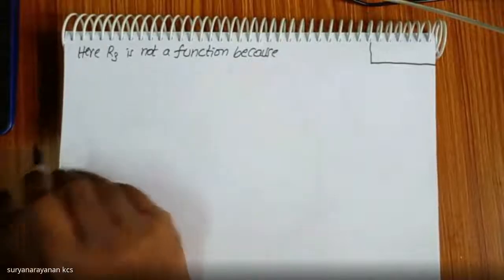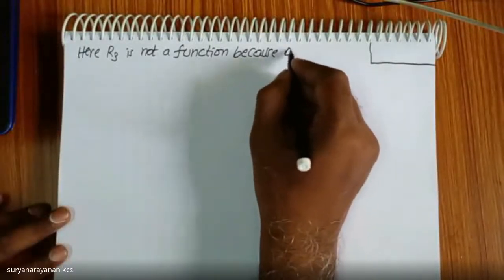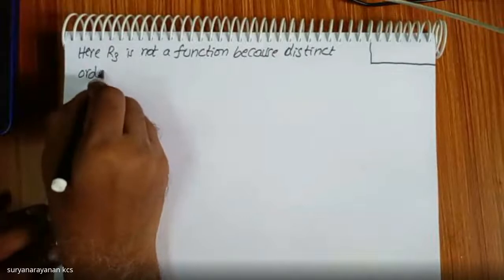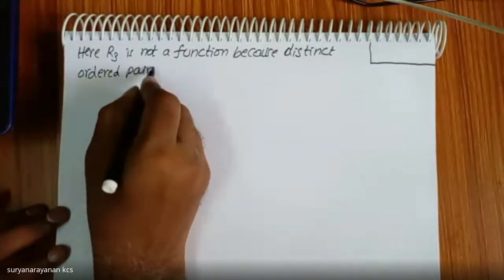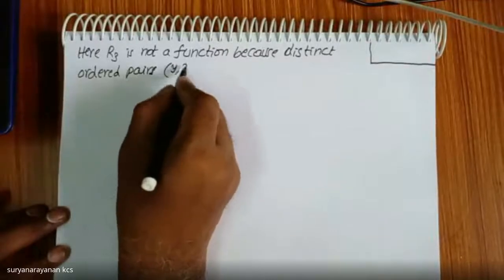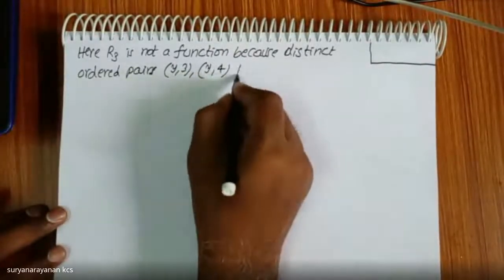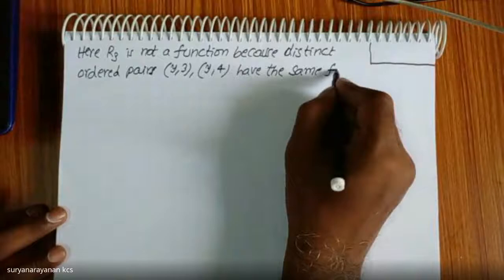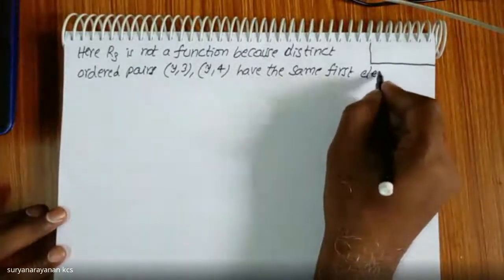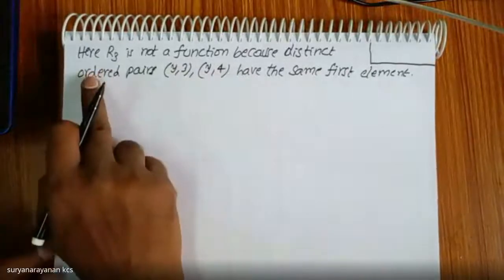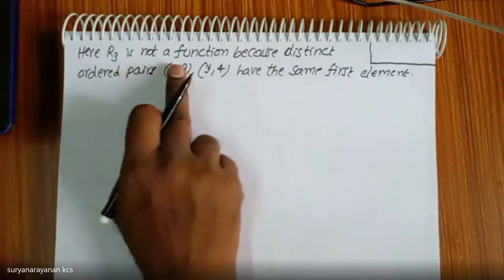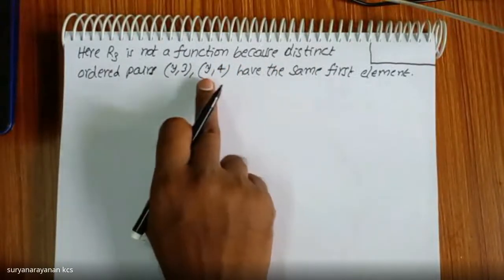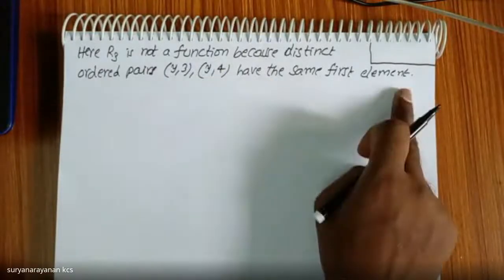Here I wrote the reason also. Here R3 is not a function because distinct ordered pairs (y, 4) and (y, 5) have the same first element.